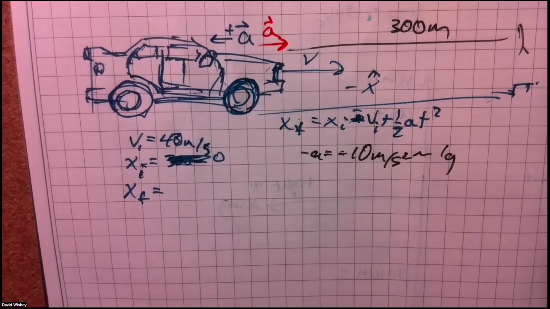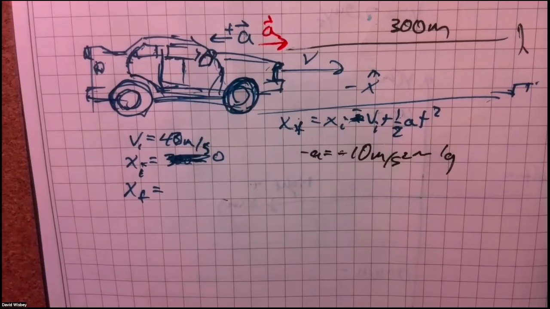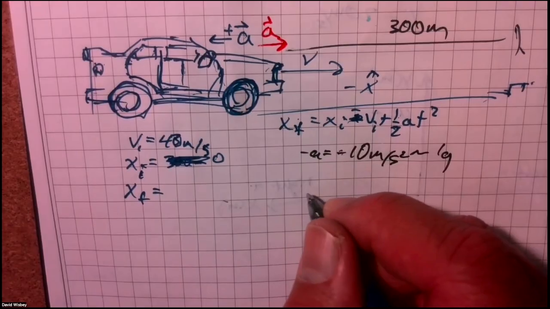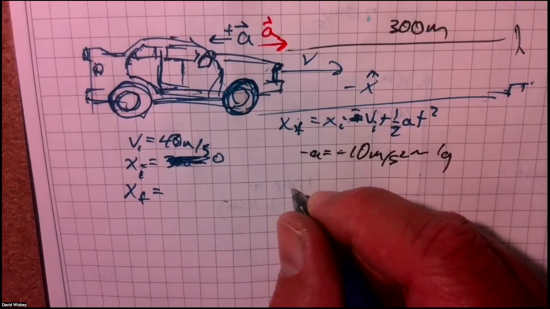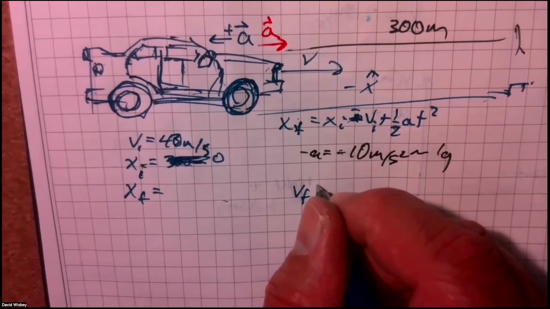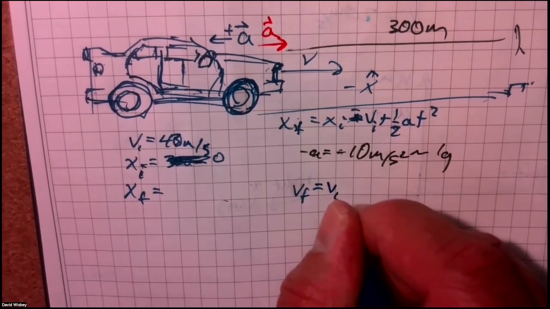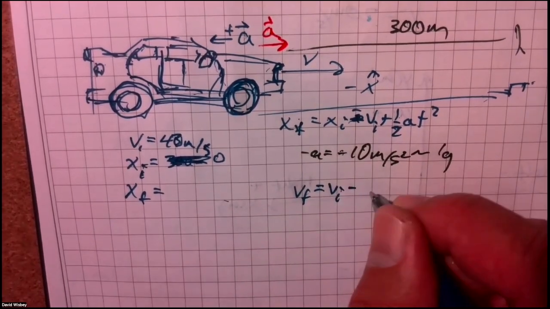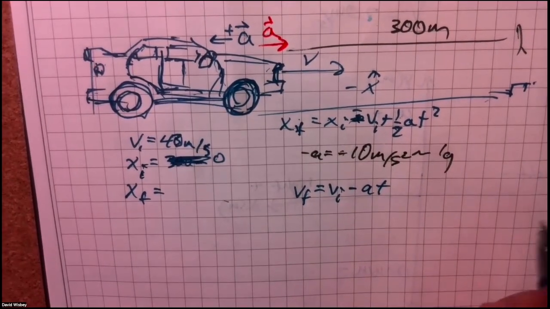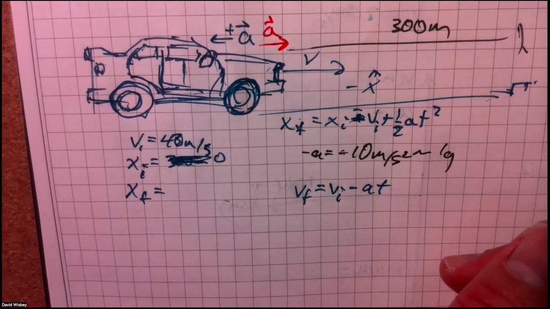I don't know the time, but we can figure out the time. We want to say that my final velocity equals 0, and my initial velocity equals minus at. We're going to solve to see how long it took me to come to a stop.